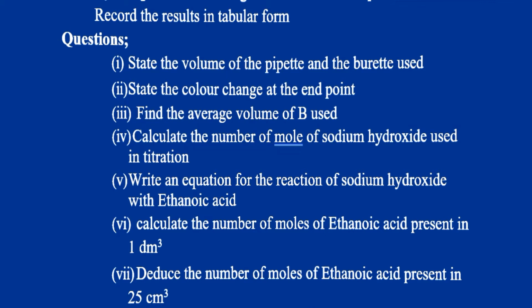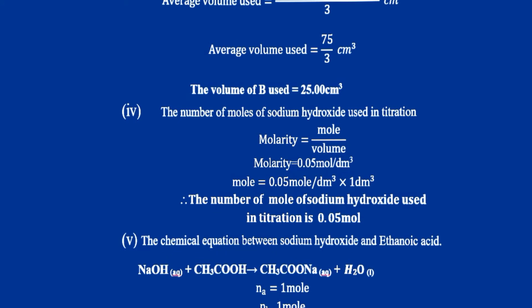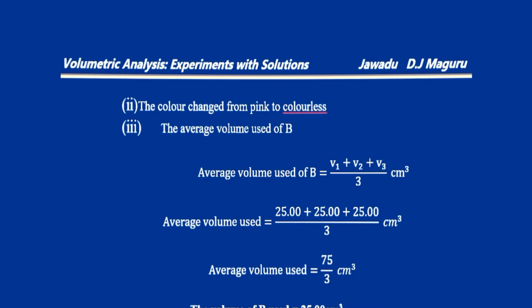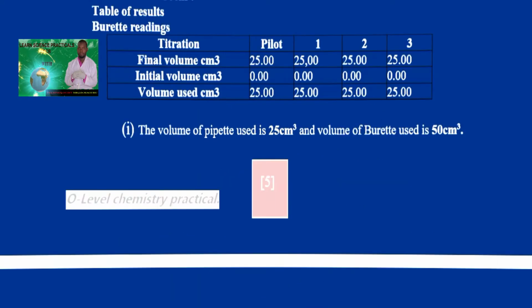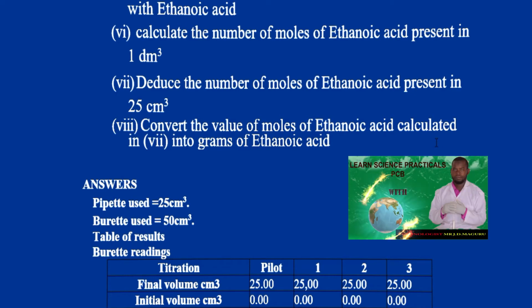Then deduce the number of moles of ethanoic acid present in 25 mL or cubic centimeters. Then convert the moles of ethanoic acid calculated into grams of ethanoic acid. That means you convert the moles obtained into mass. Those are our questions.